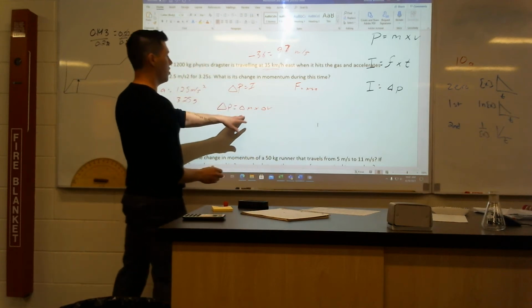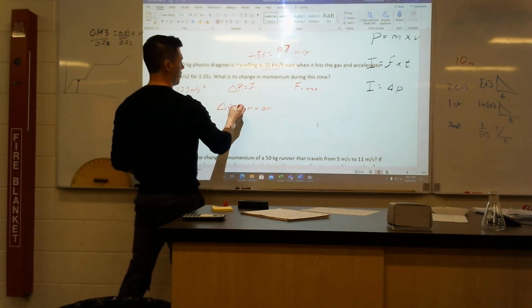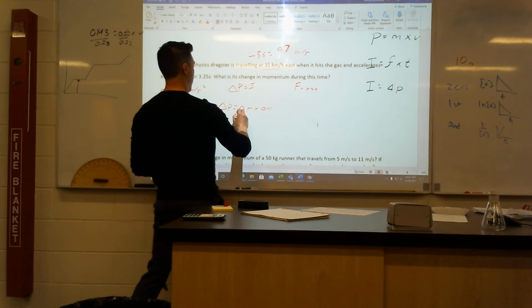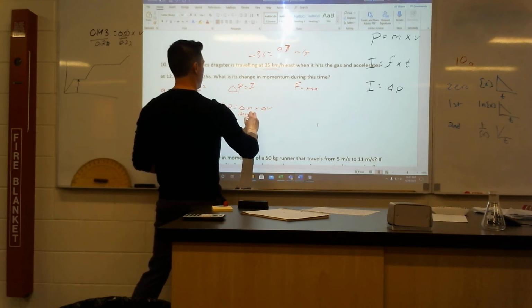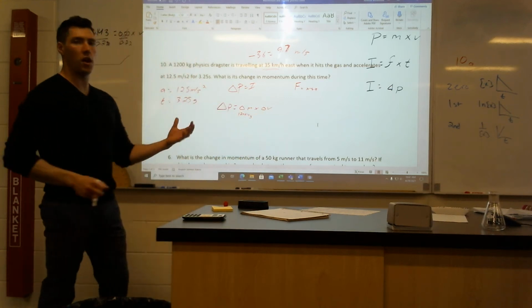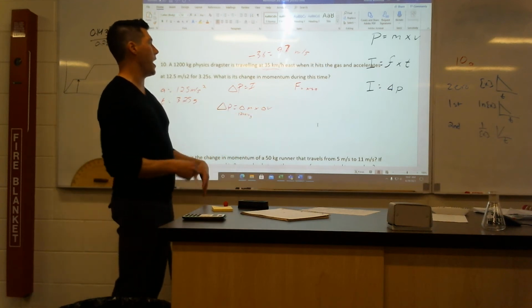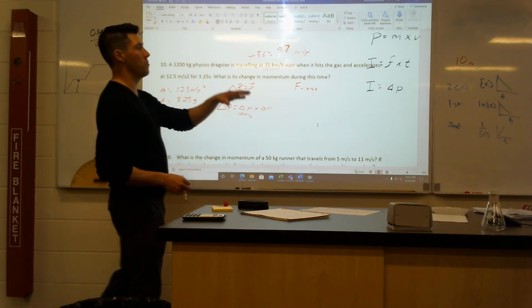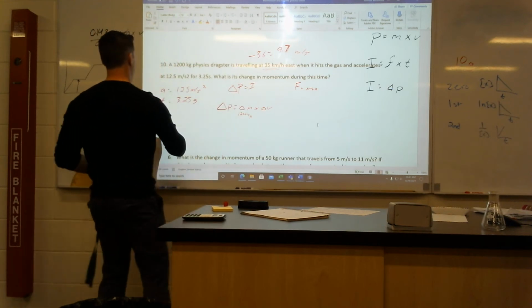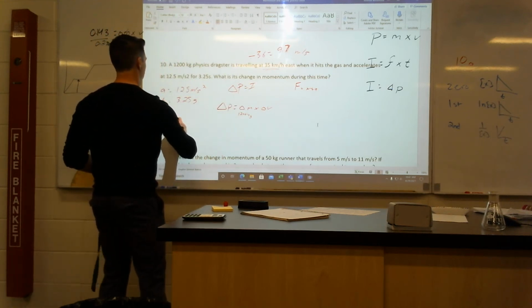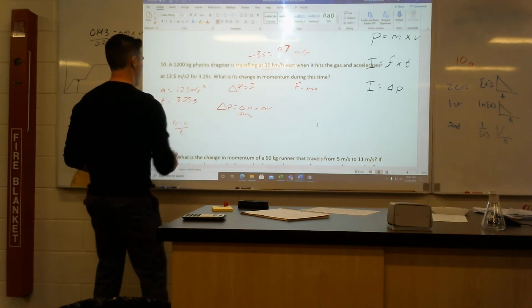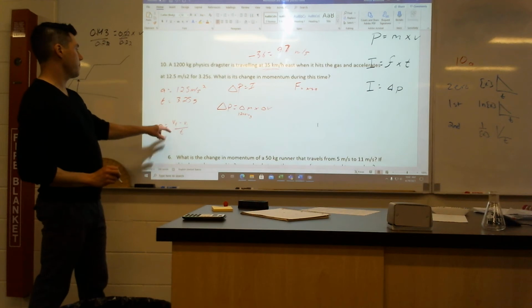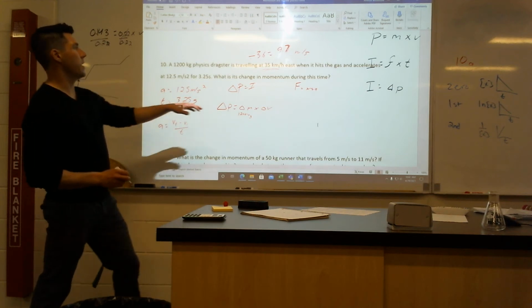The nice thing is my mass is not changing here, so I just need to find what the change in velocity is. If I take my first formula for kinematics, acceleration equals velocity final minus velocity initial over time, I can figure out my VF, and then I can subtract from that.